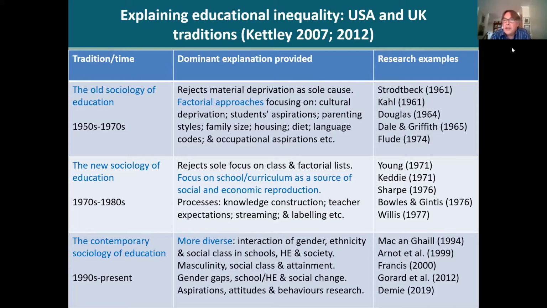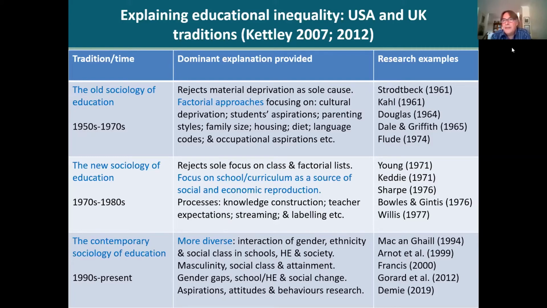And researchers who conducted surveys on differential performance at school, for example, in terms of the 11+ examination in Britain, they became concerned with things like cultural factors influencing the achievement of working class pupils.